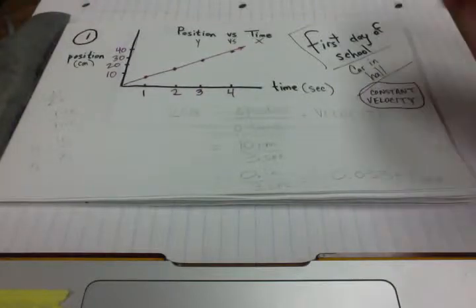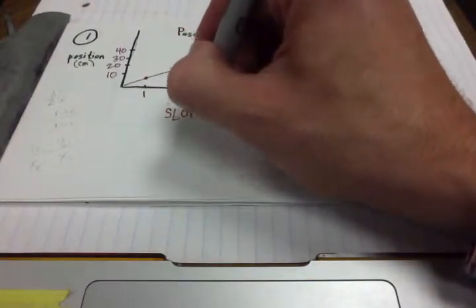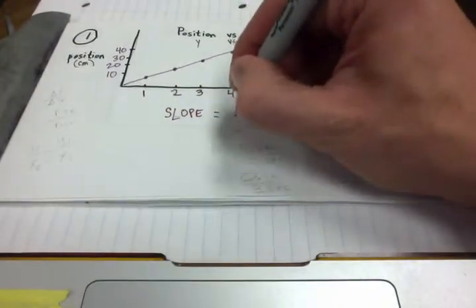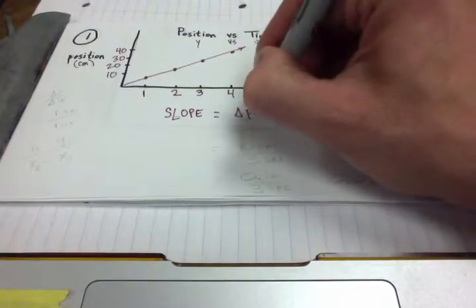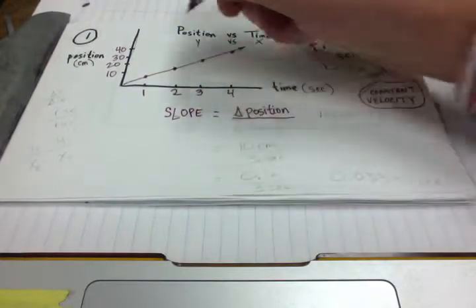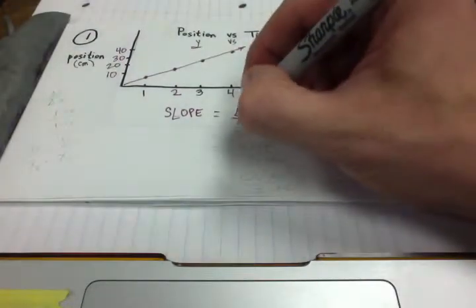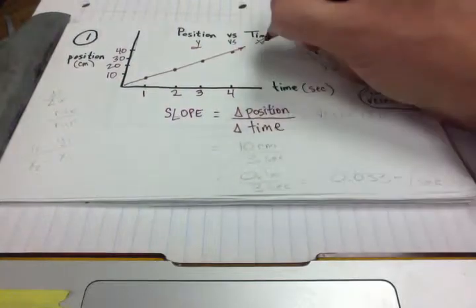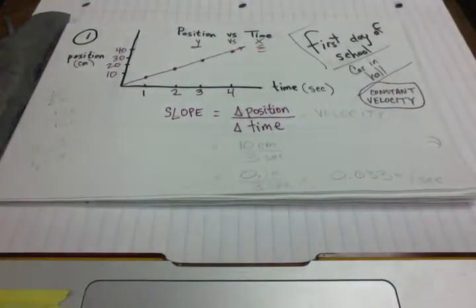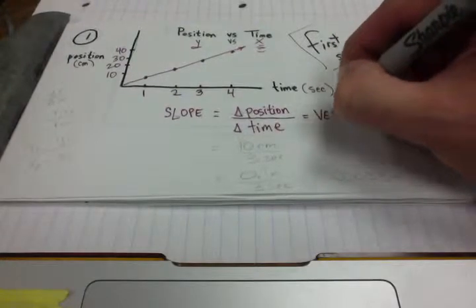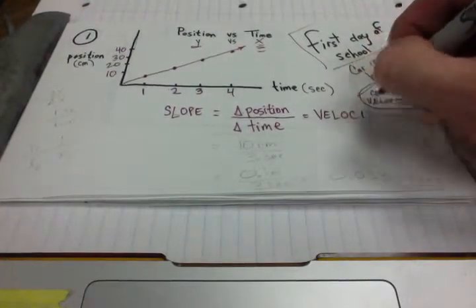And in fact, our definition of velocity is based on this graph, where if you create that line, your slope is your change in y, divided by our change in x, and remember that is our definition of velocity.